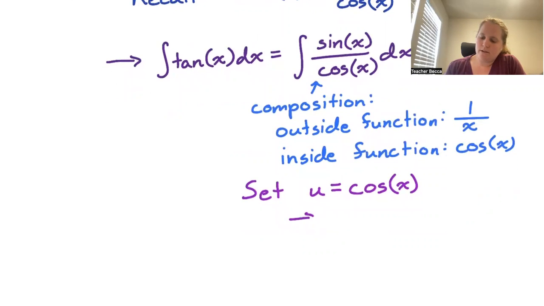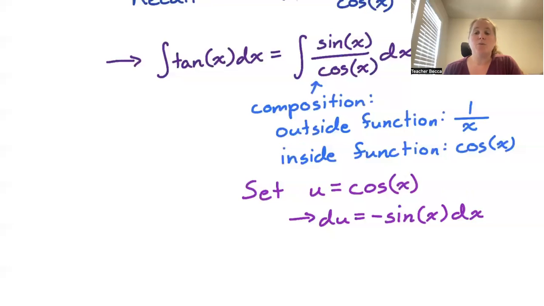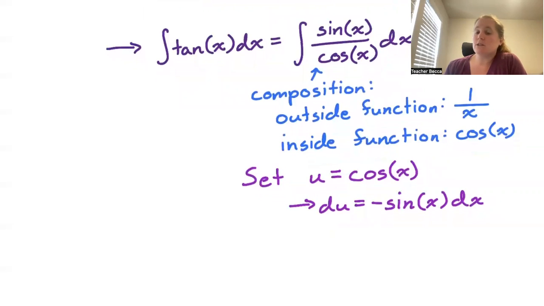Then we have that du is a negative sine of x times dx. Again, when it comes to trig functions and integration and differentiation, watch very carefully which one we're doing for the cosines and sines to make sure your positives and negatives come out correctly. So if we differentiate cosine, we get negative sine.